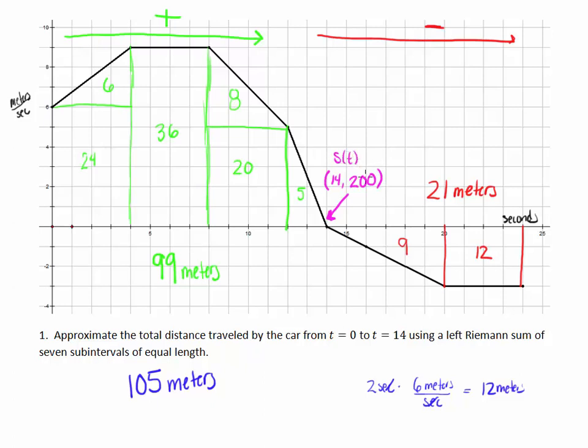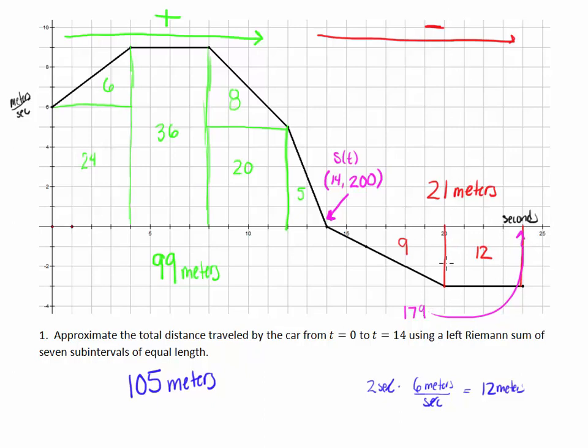This would be the position of the car. Now if I wanted to figure out where it ended up at time equals 24, I would take that 200 and it travels 21 meters in the negative direction, so I would have 200 minus 21, which would give me a value of 179. So by the time it finishes, it would be at 179.